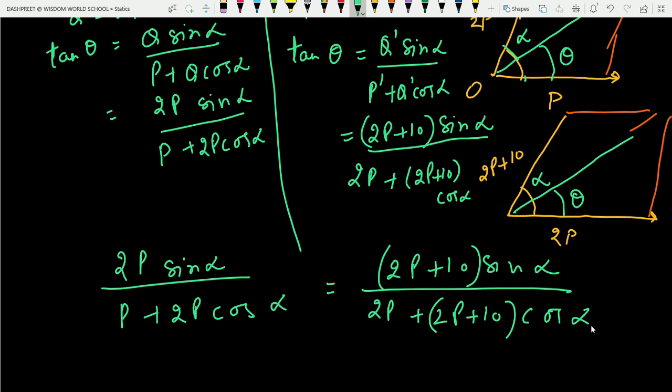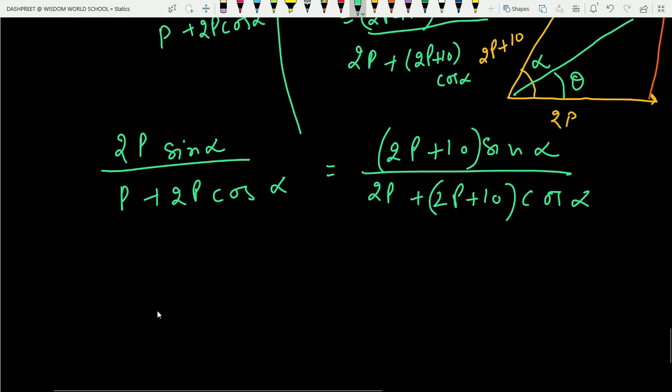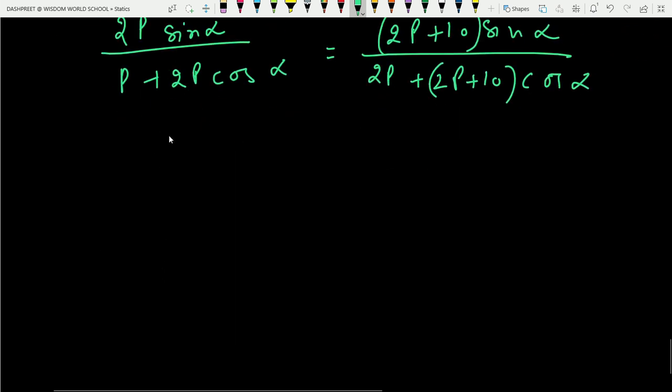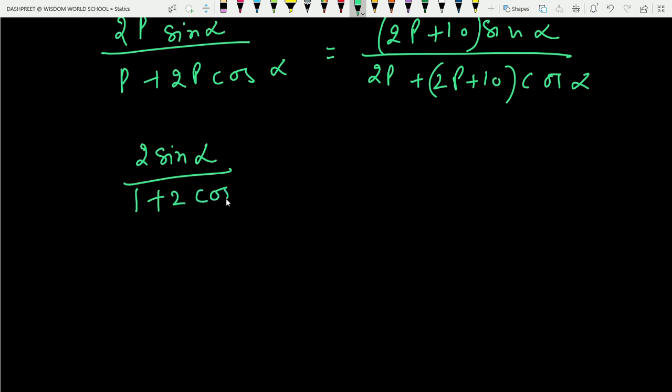Here in the first case, you see P is common, you can cancel this out. So we get this expression as 2 sin alpha और P cancel out हो गया तो यहाँ से बचा 1 plus 2 cos alpha.